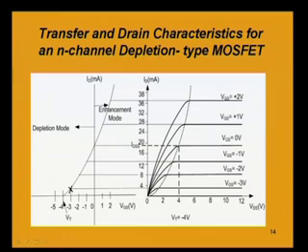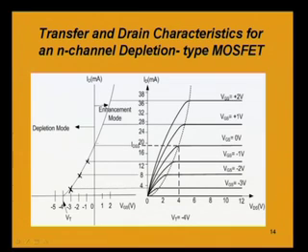we just mark this point, and next is minus 2 volt VGS. At this voltage, the saturation current is extended to the left and it is meeting the VGS minus 2 volt at this point.